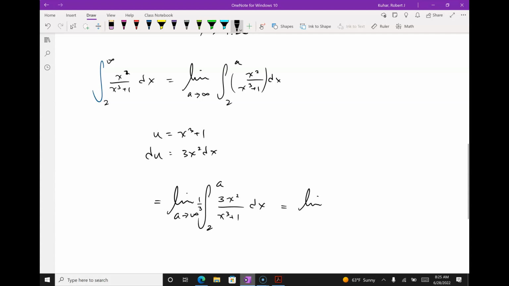So this is the limit as a goes to infinity of 1/3 of the ln of the absolute value of x cubed plus 1, evaluated at a and at 2. Is this okay? Everybody following?